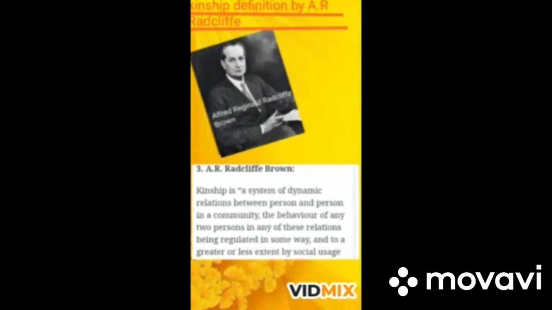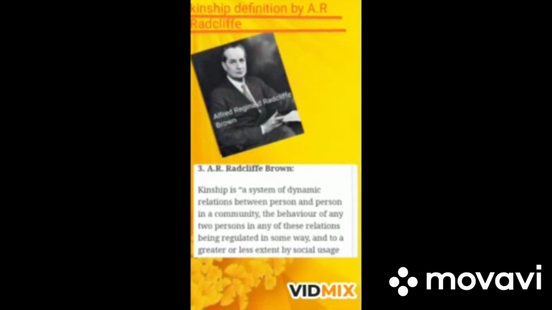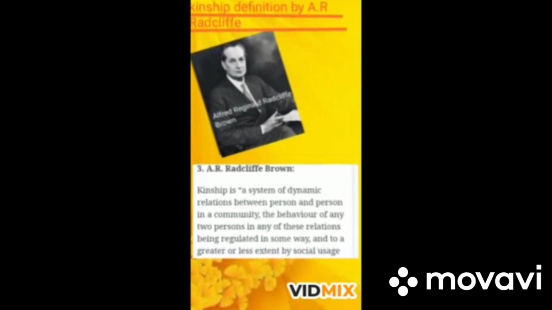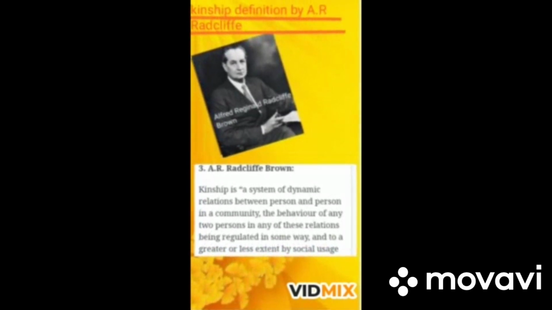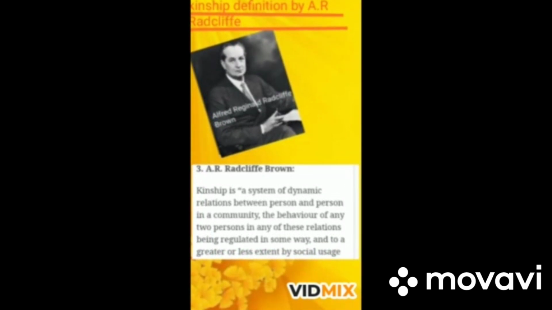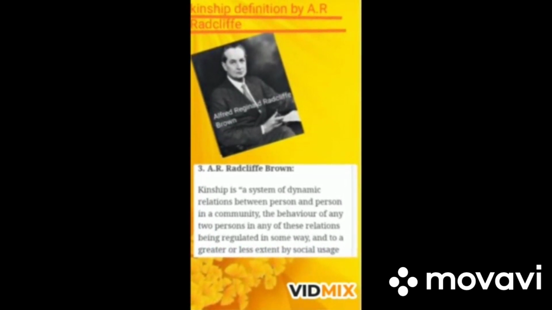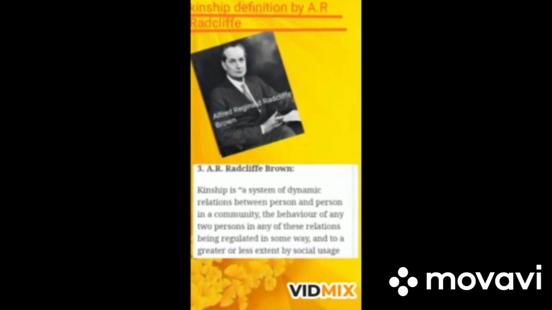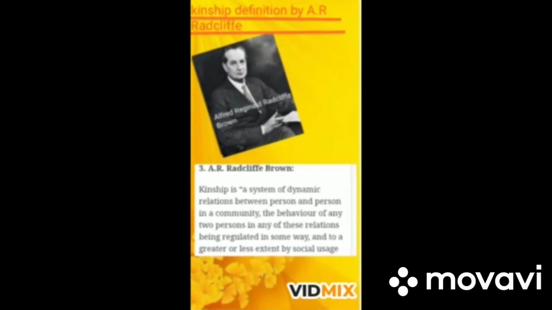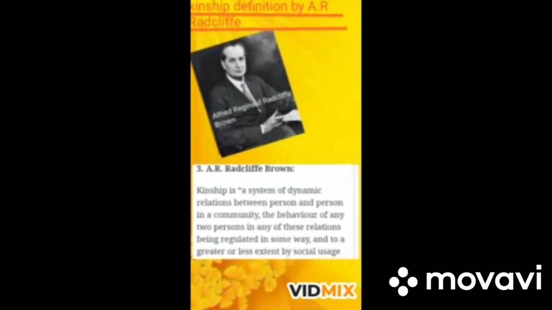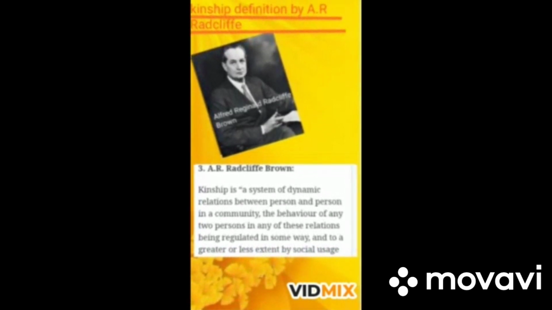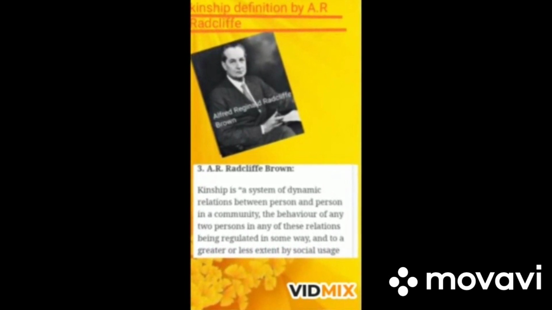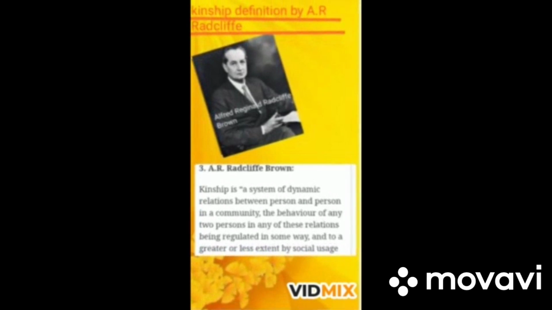According to Radcliffe-Brown, kinship is a system of dynamic relations between person and person in a community, the behavior of any two persons in any of these relations being regulated in some way and to a greater or lesser extent by social usage. In simple words, the bond of blood or marriage which binds people together in a group is called kinship.